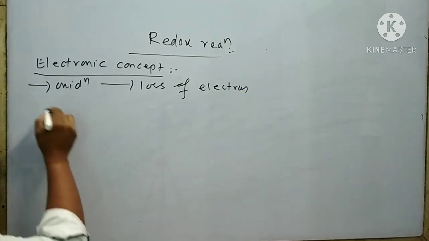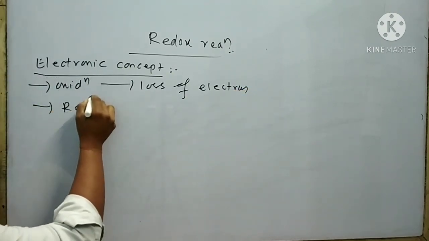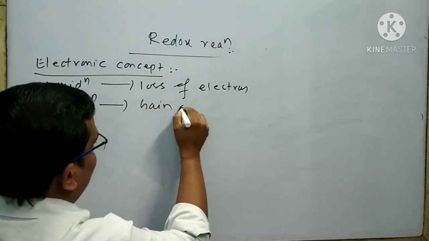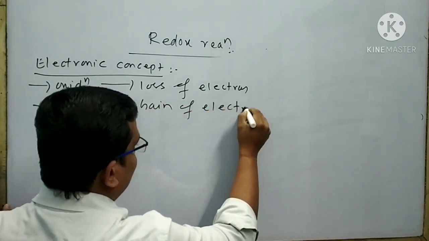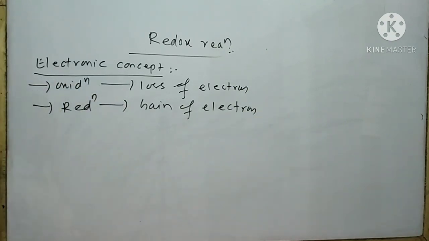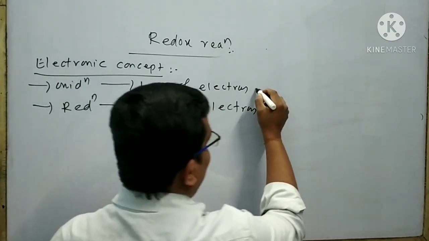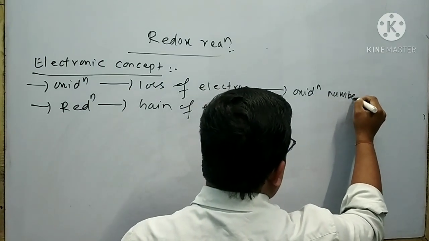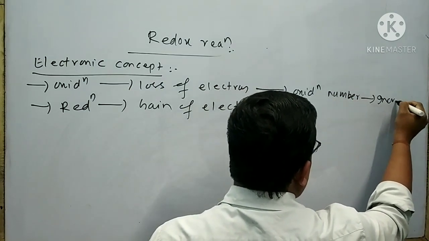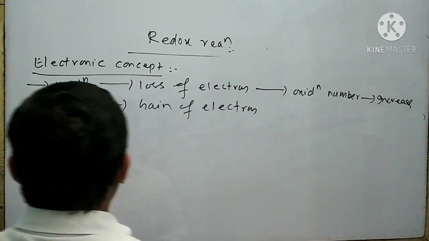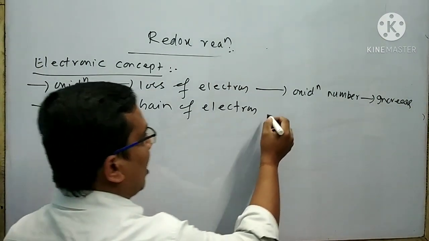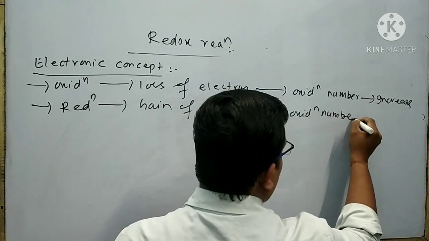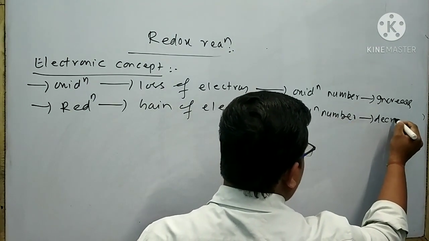On the other hand, reduction reaction is a process which involves gain of electrons. In oxidation reaction, the oxidation number increases. In reduction reaction, the oxidation number decreases.